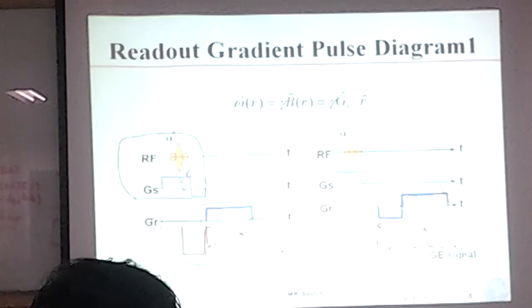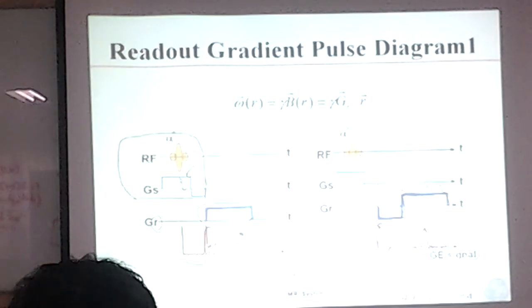But the gradient echo signal is generated by the gradient compensation. So this echo signal comes from the FID signal. The echo signal is derived from the FID signal.